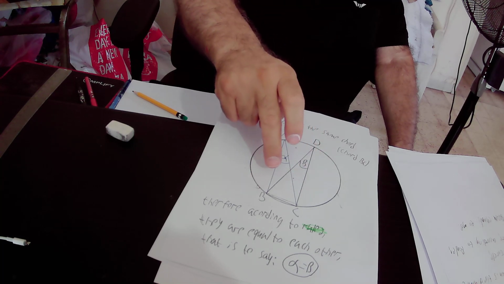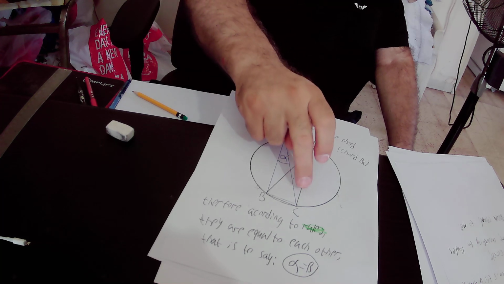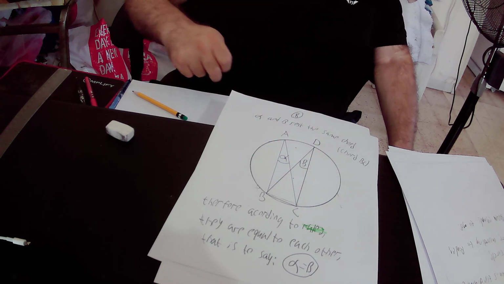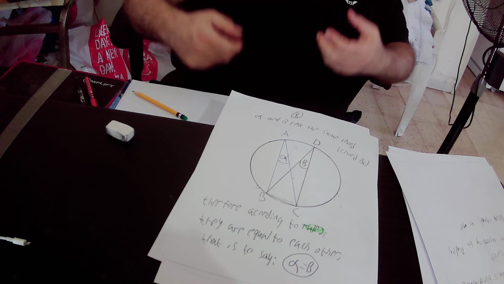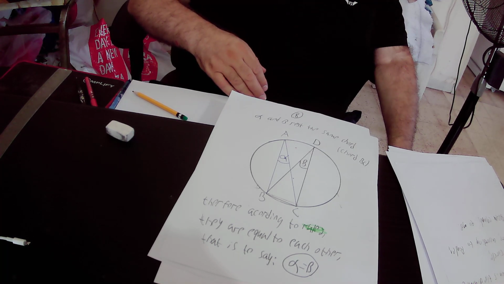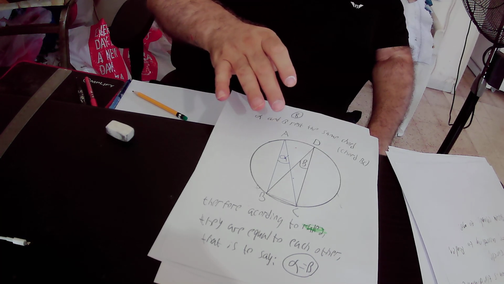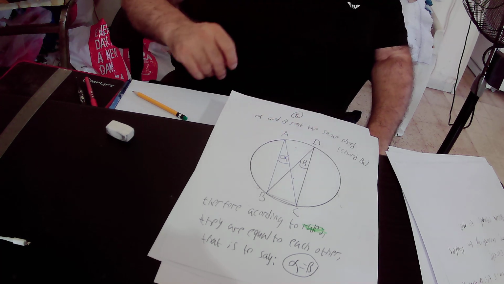Angle alpha rests on chord BC, and also angle beta rests on the same chord BC. So, because they both rest on the same chord, according to rule number 2, they are equal to each other. That is to say, alpha equals beta.